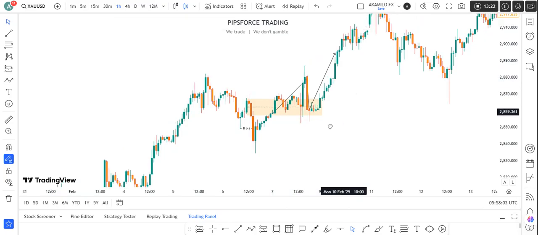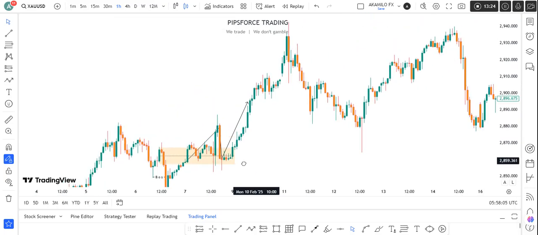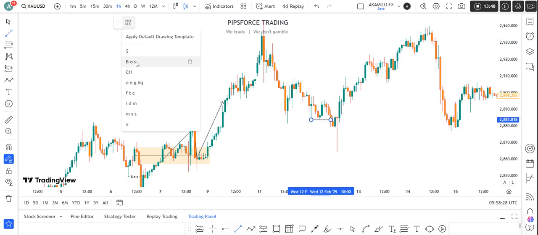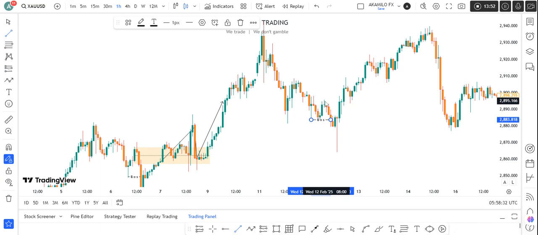So if you look at this particular one too, this is also what? A breaker block. Price moves below to take this particular level here, takes that liquidity or breaks that structure to the downside, and then we have our order block here.